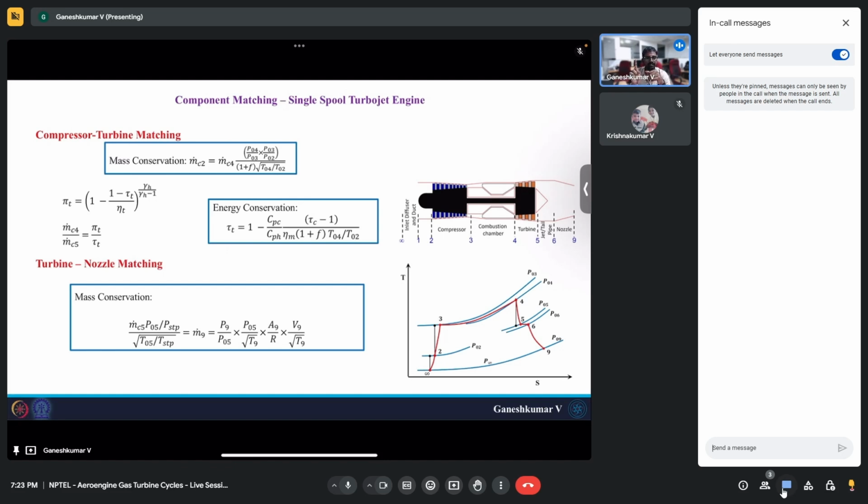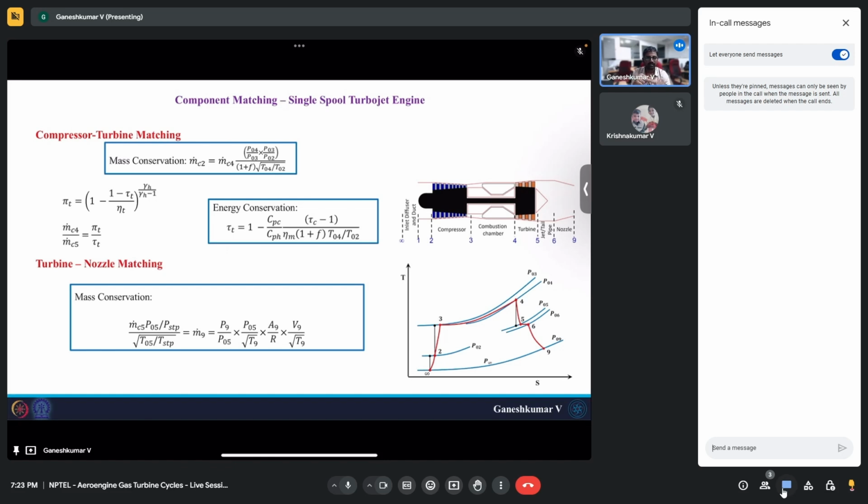Which means it will try to change the pressure ratio to a higher value in order to allow this higher mass flow rate. Now, if the turbine exit pressure becomes higher for the same turbine entry pressure, then the amount of work extracted from the turbine will be less.